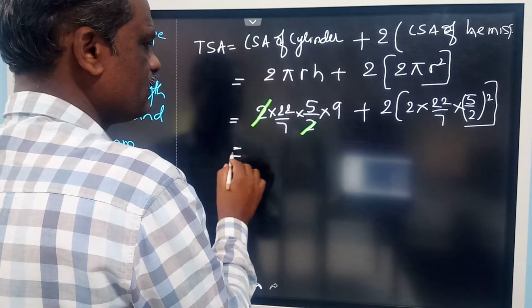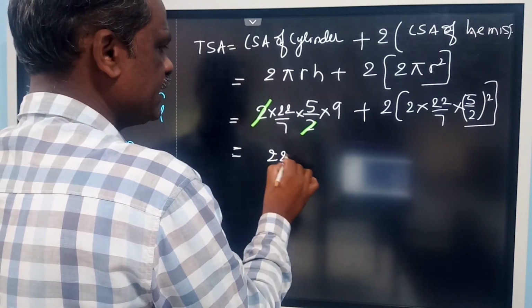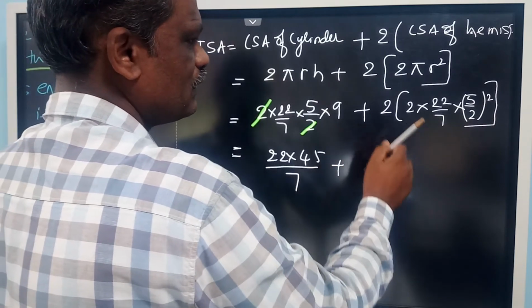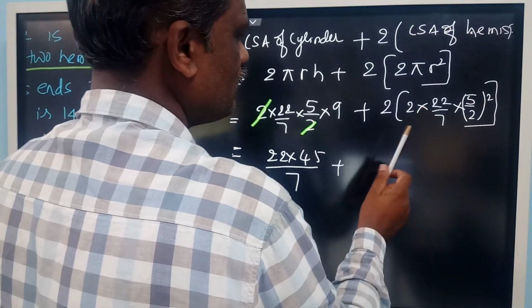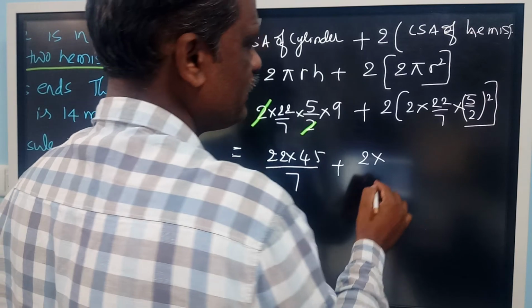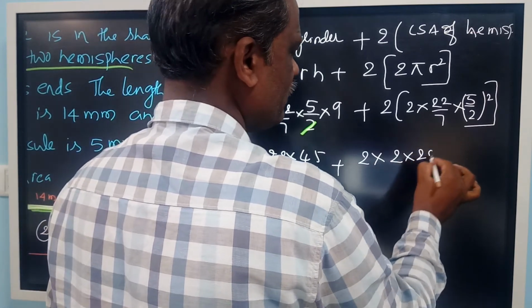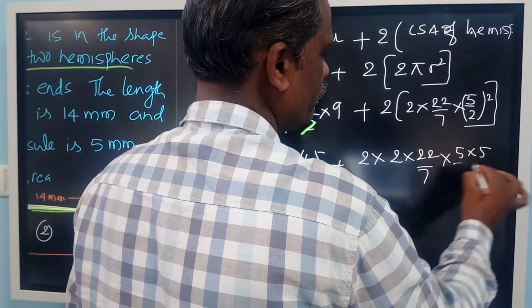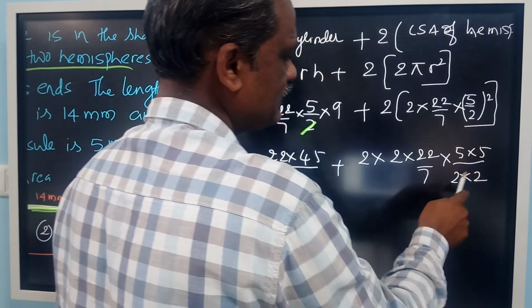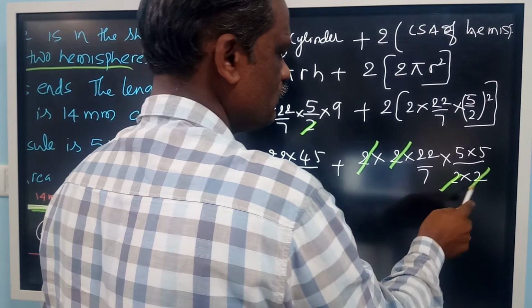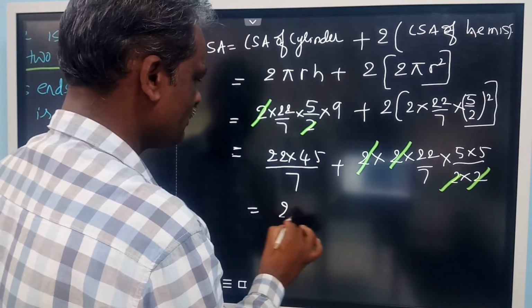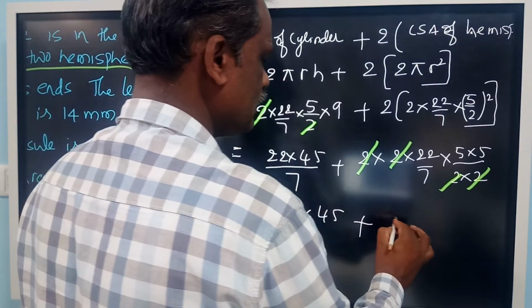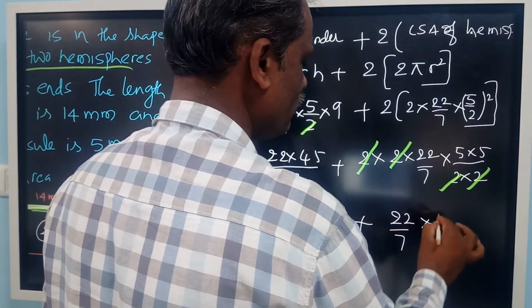Let us simplify once again: 2 into 2 into 22 by 7 into 5 into 5 by 2 into 2. Cancel 2 with 2 and 2 with 2. What is left over is 22 into 45 by 7 plus 22 by 7 into 25.